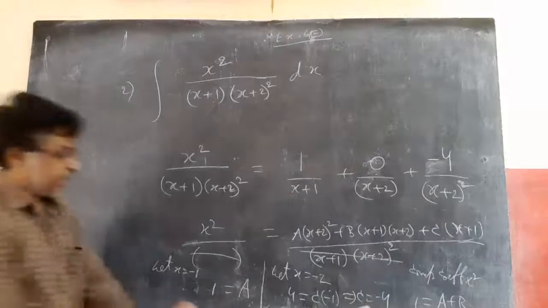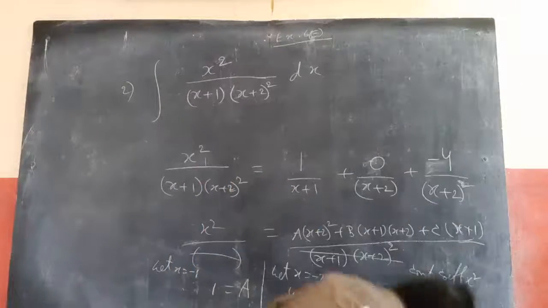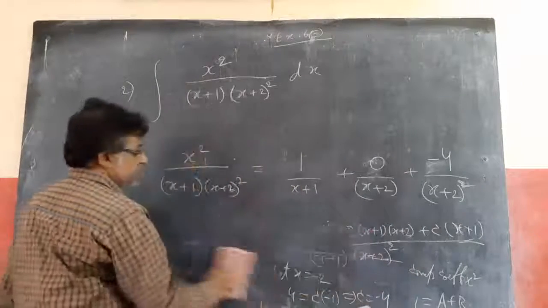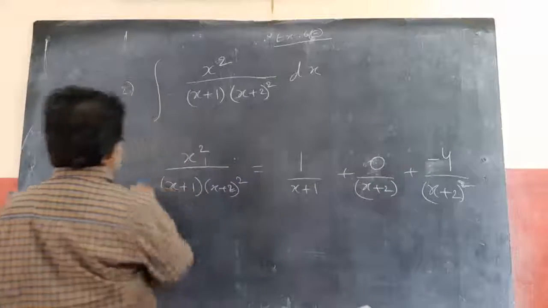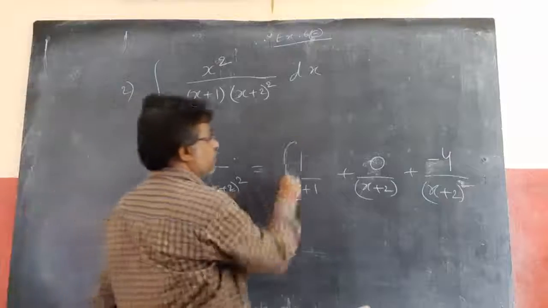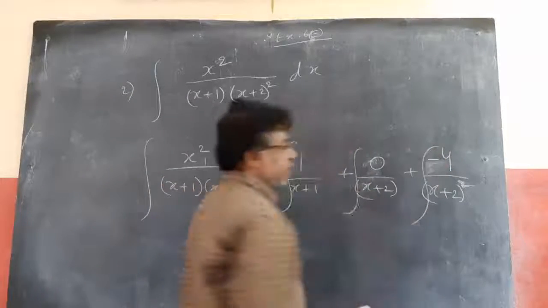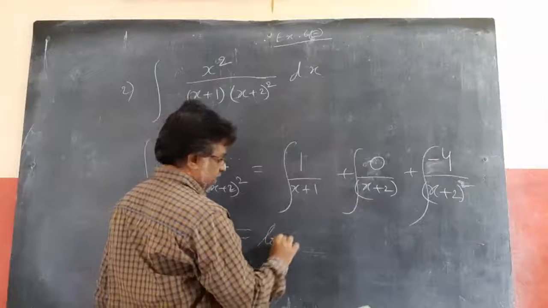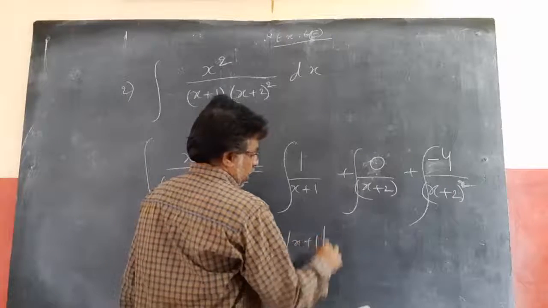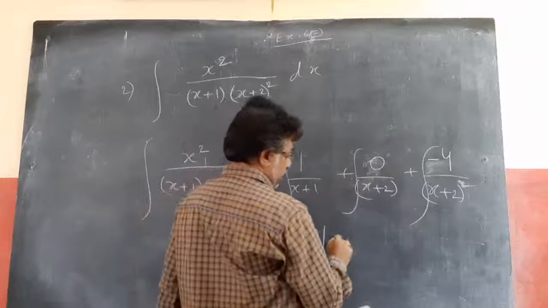Now integrate separately. The integral of this whole thing equals the integral of this plus the integral of this plus the integral of this. That is nothing but 1 by x plus 1, integration is log mod x plus 1, and this is 0, no need to write, plus 0 only.